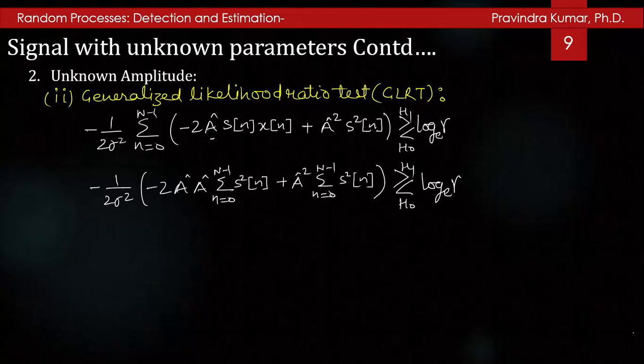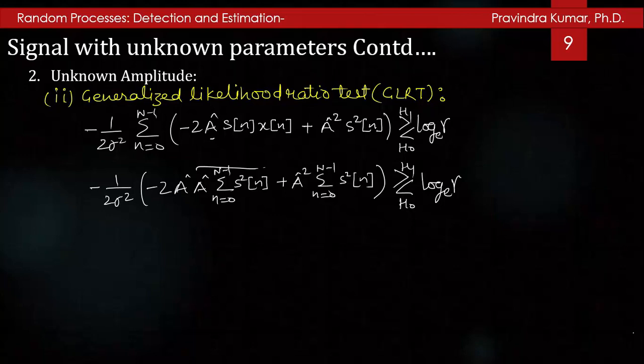Or I can write it as minus 1 by 2 sigma squared of minus 2 A hat times A hat summation s squared[n] plus A hat squared summation s squared[n], greater than or less than log gamma.